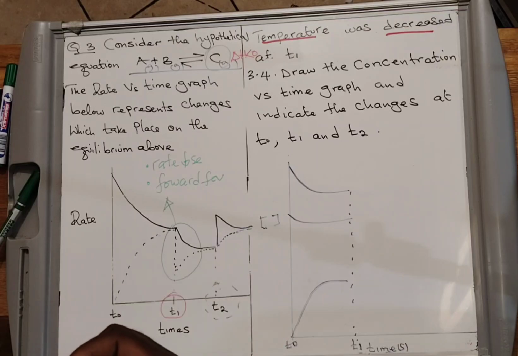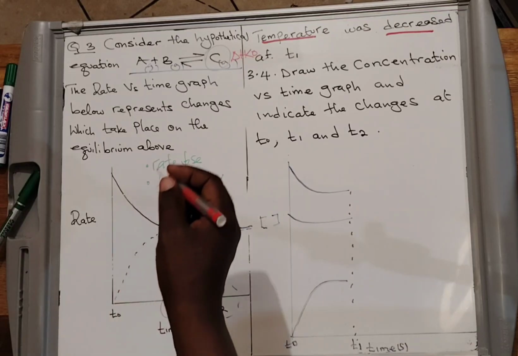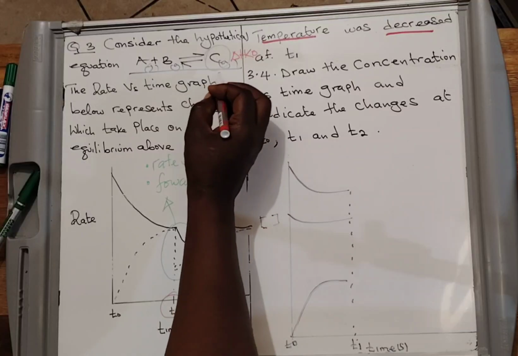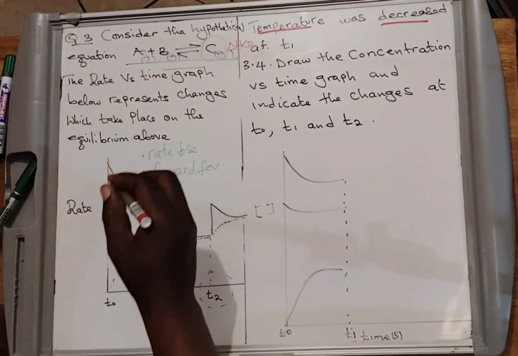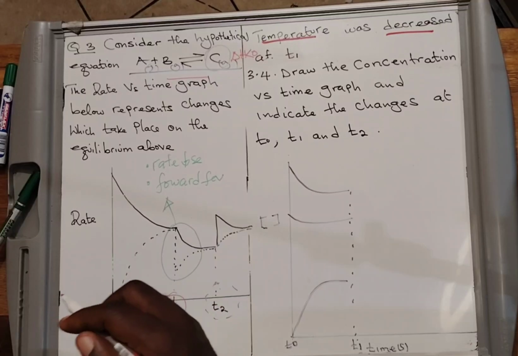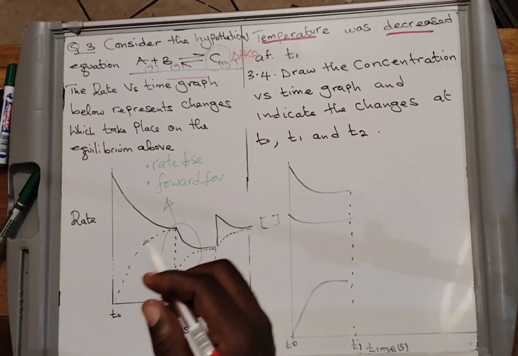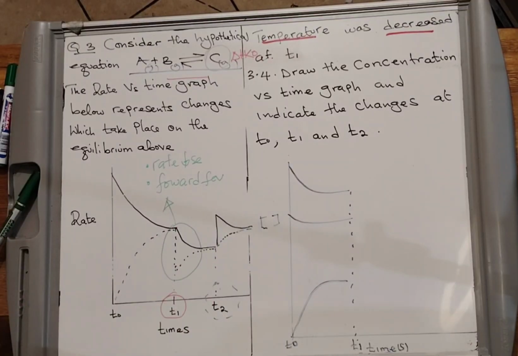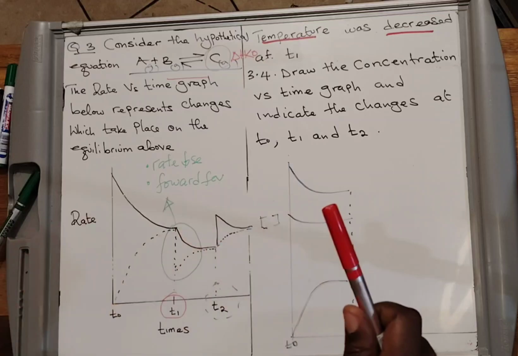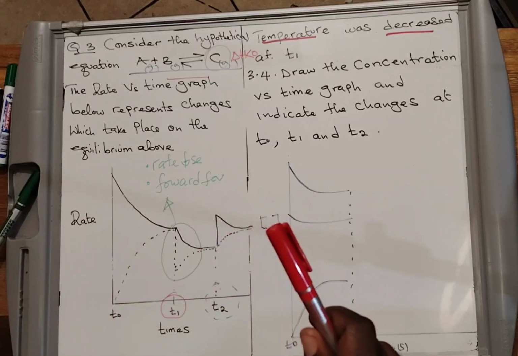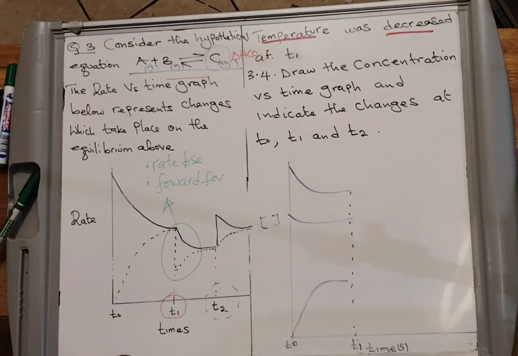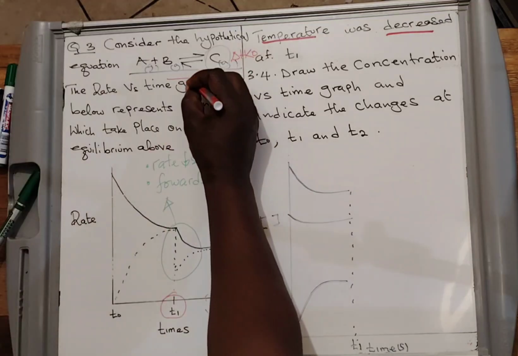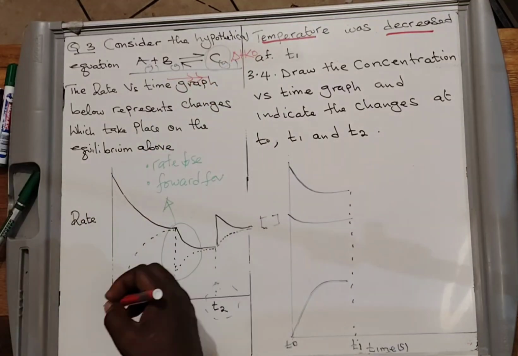That one, we know. So in exothermic, what do we know? When temperature decreases, the decrease in temperature favors forward, because the forward reaction is exothermic and the decrease in temperature favors exothermic. So this is going to be our direction.